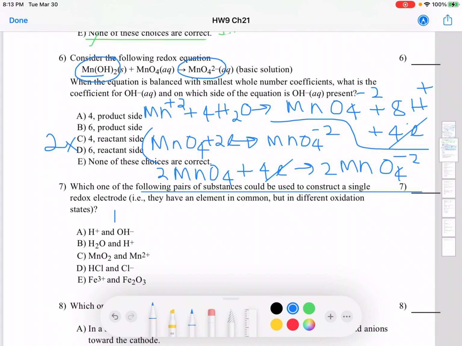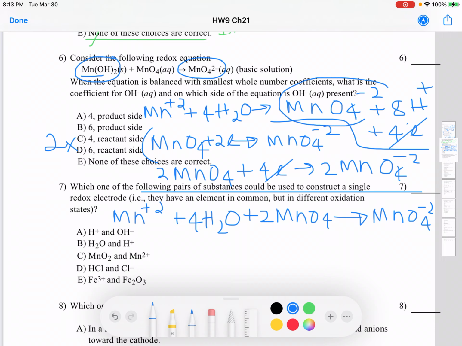We have Mn plus 2 plus 4 water plus 2 MnO4 giving you MnO4 minus 2.